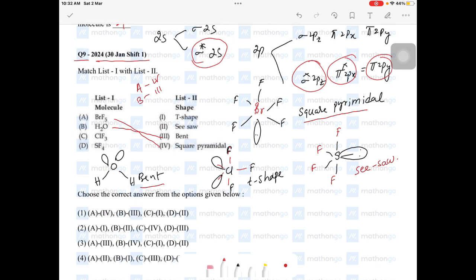Next, ClF3 T shape, C1. SF4 seesaw, D2. A4, B3, C1, D2. First option is correct.